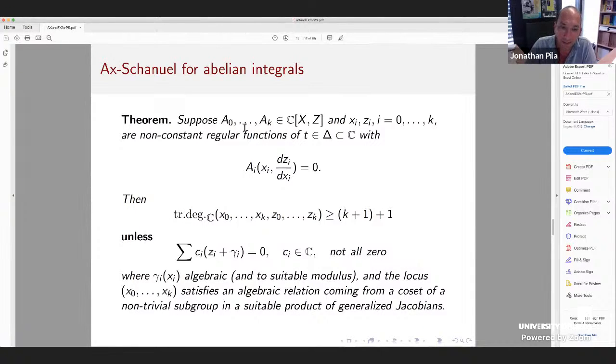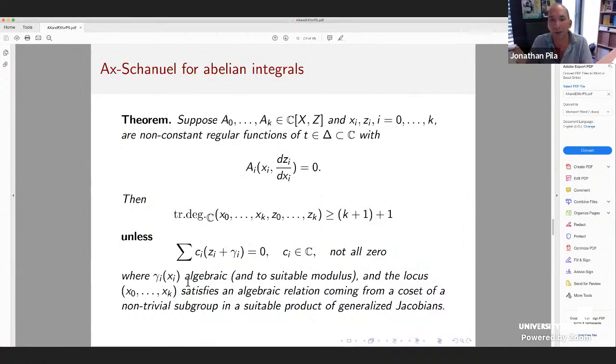But now this linear dependence is over C, and somehow modulo algebraic functions whose derivatives are algebraic functions, well, to the corresponding modulus. So, for the purpose of the theorem, let's say that they're just algebraic functions, but they are somehow in a limited space that we'll see comes up in the proof.